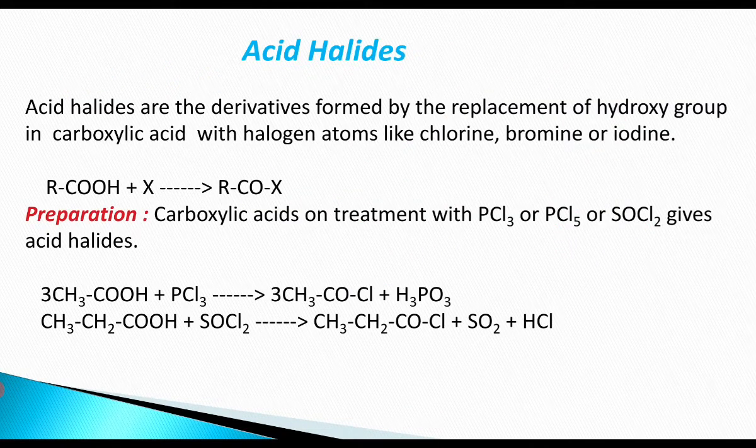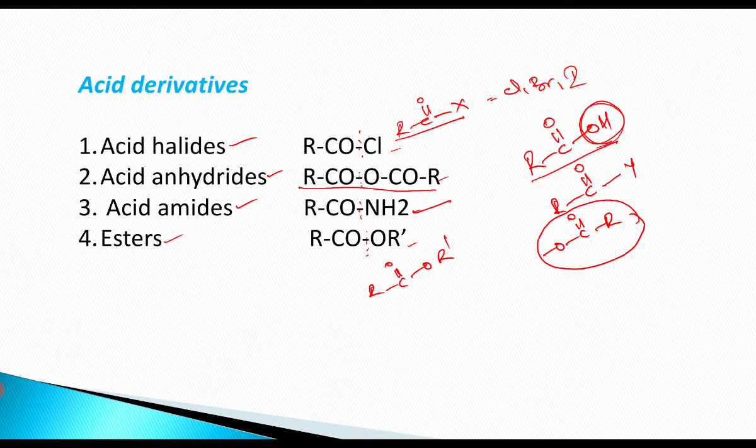Before going to the acid halides, I will explain that acid derivatives contain a carbonyl carbon atom. All the acid derivatives contain a carbonyl carbon, which is electron deficient in nature due to the presence of the highly electronegative oxygen atom on it.